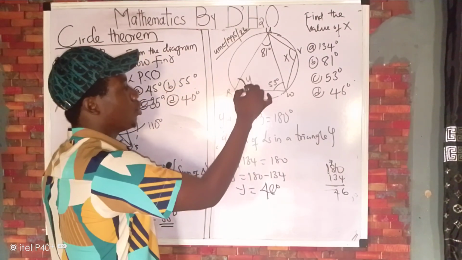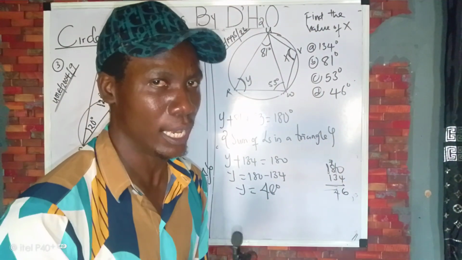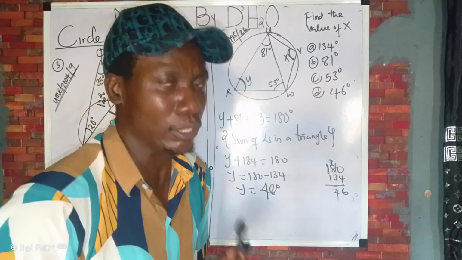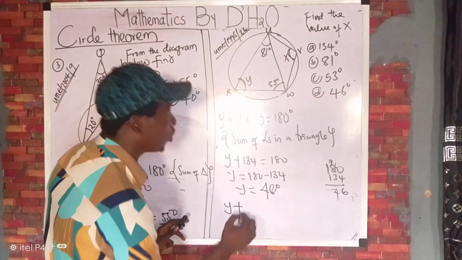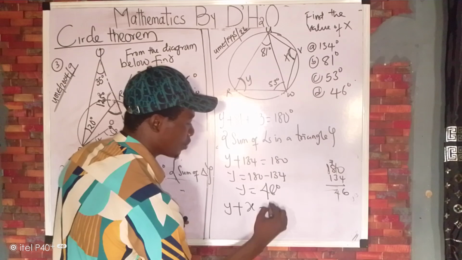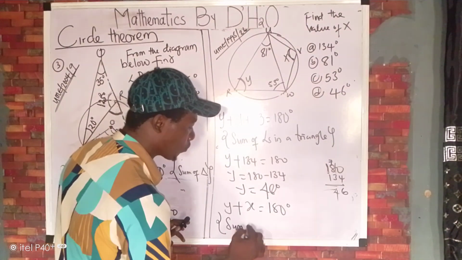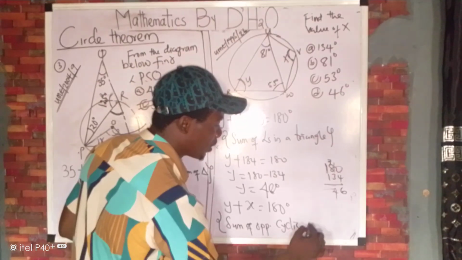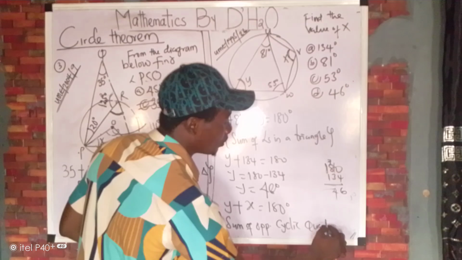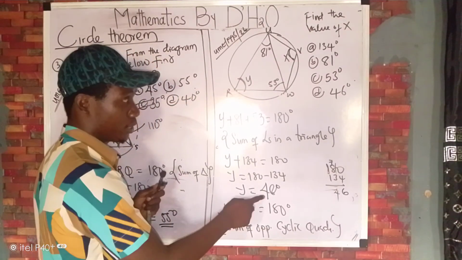Do you know that the angle here and the angle here are two opposite angles of a cyclic quadrilateral. So they will sum up together to give us what? 180. So we can say Y plus X is 180 degrees. What is our reason? Sum of opposite angles of a cyclic quadrilateral. So remember that your Y is 46 degrees.